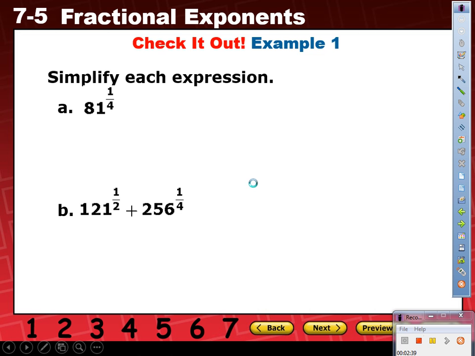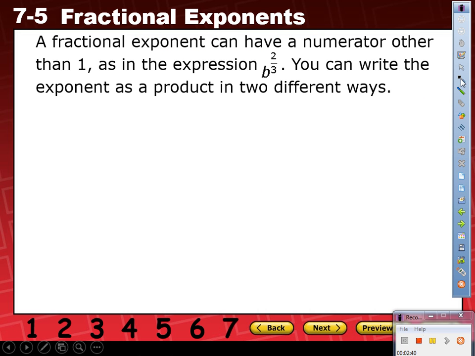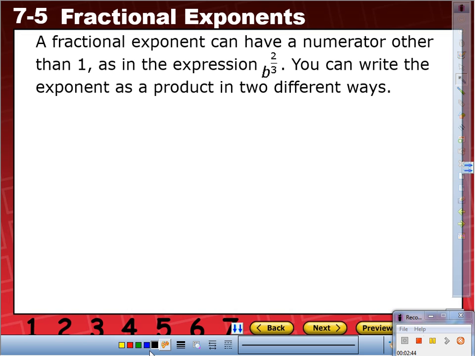Okay. And then we left off, I was explaining that in order to simplify a fraction such as 2/3, it can be rewritten as 1/3 times 2. Remember that? Okay. So what if I said, let me give you another fraction, 4/5.